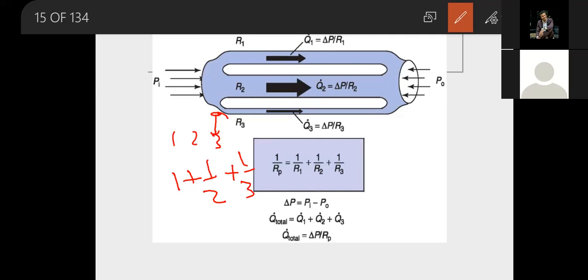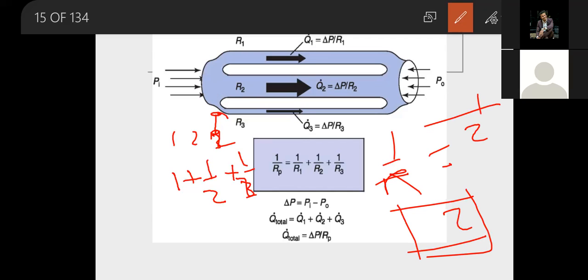So it will be 1 over the total resistance equals 2, so the total resistance will be one half.